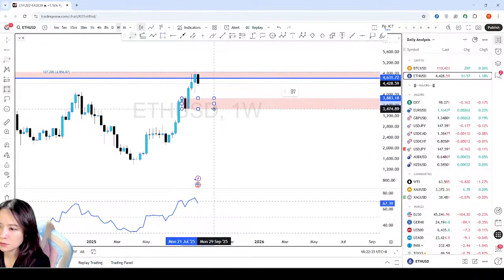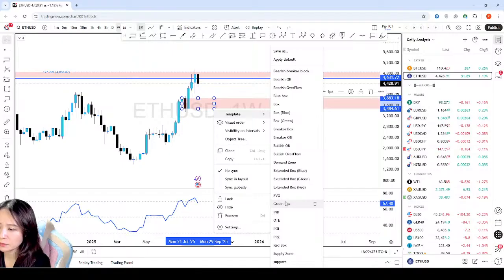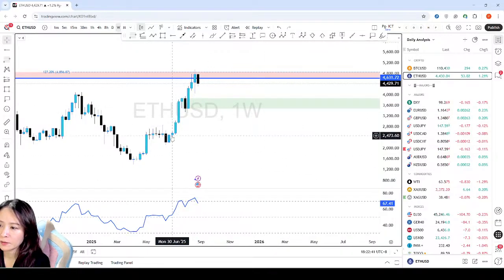This one is going to be your demand, where someone is going to buy here. Okay, the weekly, this is the price you monitor.